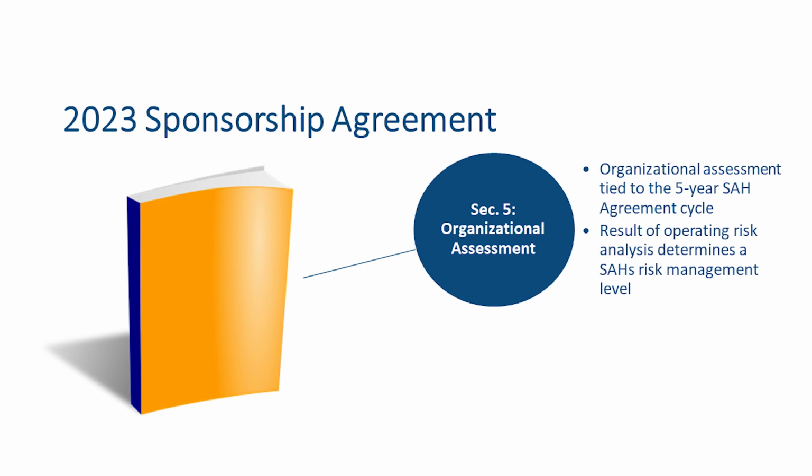And as part of the organizational assessment process, ISCC will conduct the operating risk analysis in the same way that they did last year. And you've already been through that process for the first time in 2022 and 2023, and you'll be scored and placed into a risk management plan. So that's the first part of the sponsorship agreement, which incorporates elements of the risk management plan.